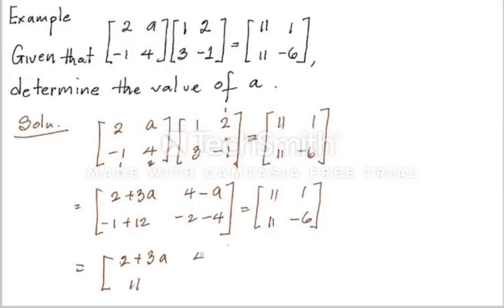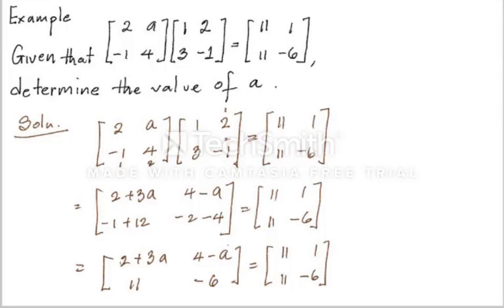Then at the top we have 4 minus A. Down the bottom we have minus 2 minus 4, which is minus 6. And this is equal to 11, 11, 1, minus 6. All right. So now on the left hand side we have one matrix, and on the right it is equal to another matrix.